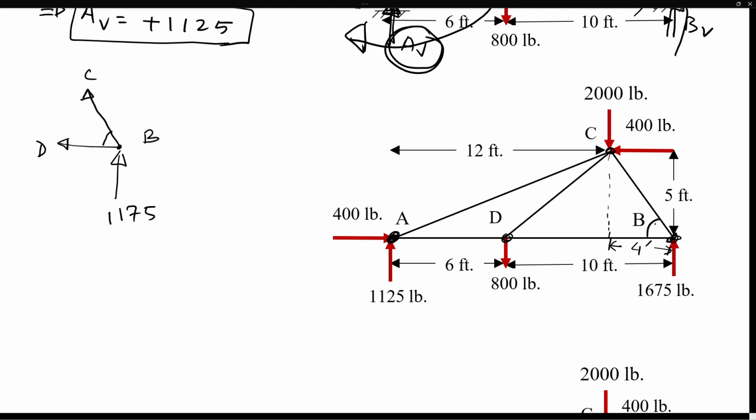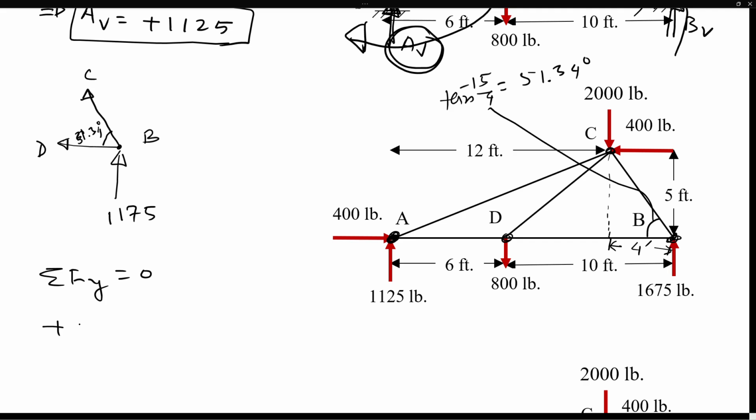So then this angle we can simply find as tan inverse of 5 by 4. That will give us this angle. I calculated that as 51.34 degrees. Now here, if you do summation of Fy equal to 0, we can do plus, I think this is 1675, not 1175.